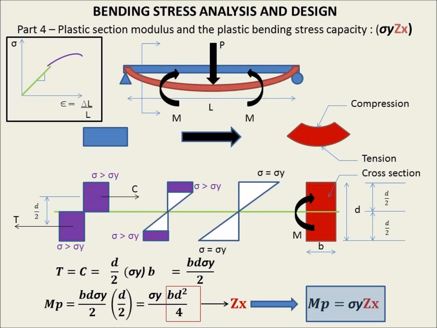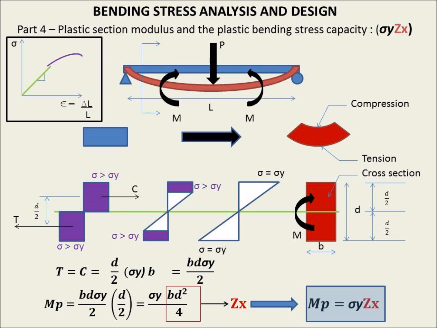Now there is a relationship between the plastic section modulus, Zx, and the elastic section modulus, Sx. That relationship is called the shape factor. Basically, it's a ratio that tells you how much greater the plastic section modulus is compared to the elastic section modulus.